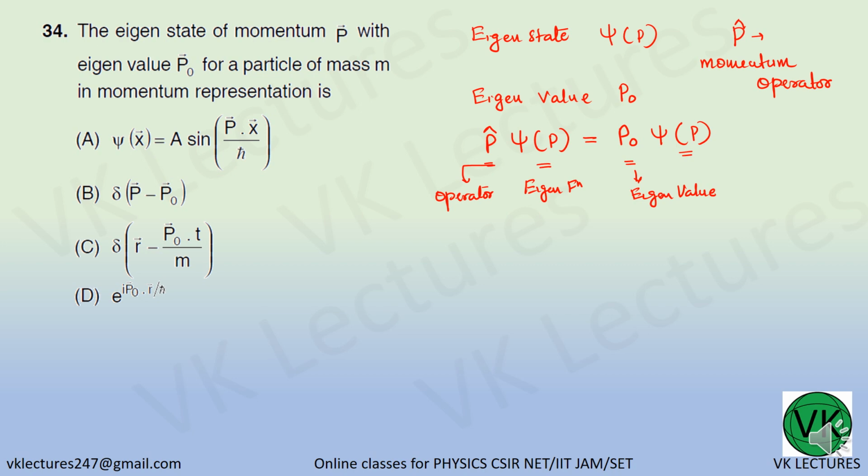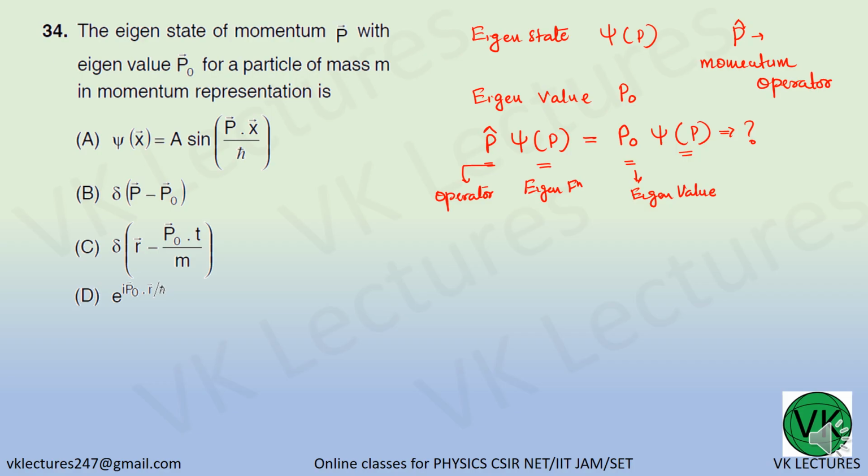Okay. Now we need to calculate what this eigen function is. What is the value of the eigen function such that when the momentum operator acts on it, you get p naught times the eigen function?